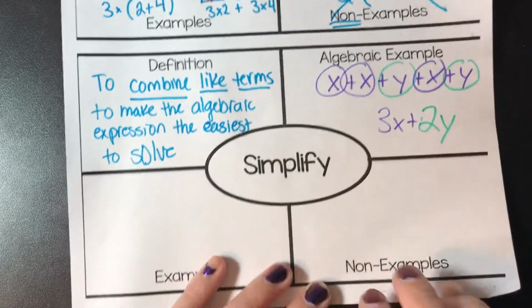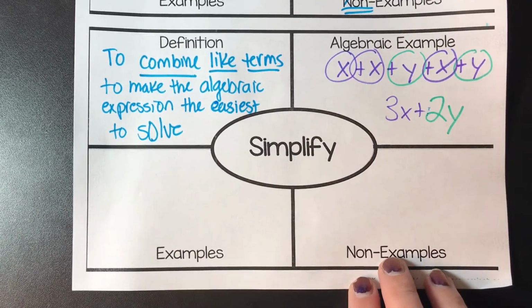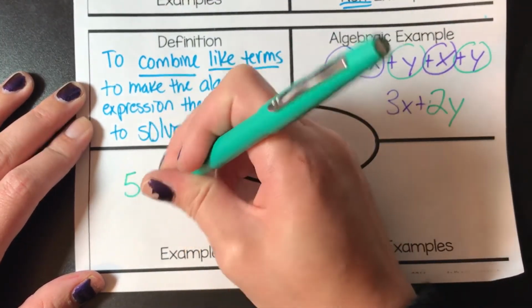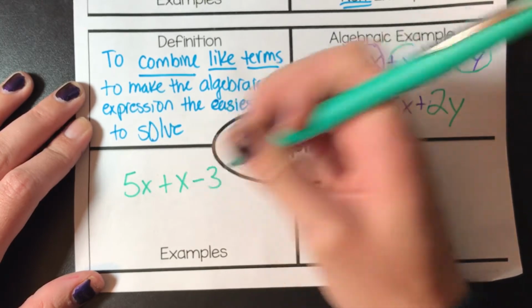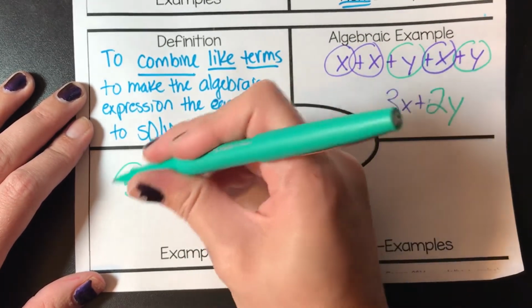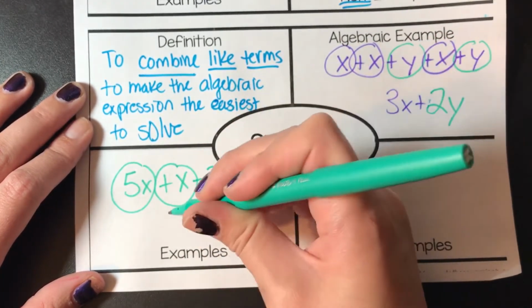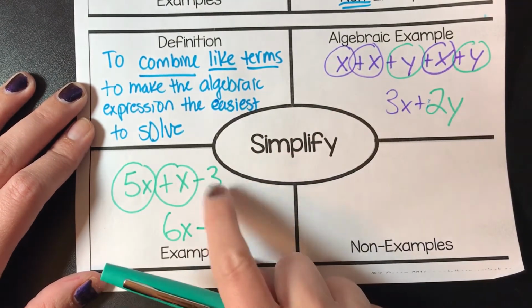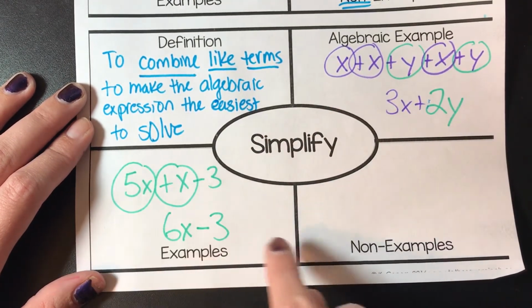That is simplifying. Another example would be like if I had 5x plus x minus 3. I would simplify that by combining these two together, making it 6x. That stays the same, minus 3, because I can't combine the constant with anything in this expression.